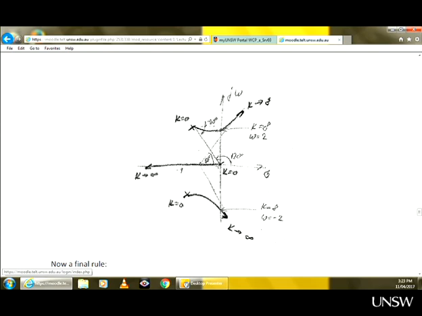So this pole becomes stable. These two poles start moving to the right. So you have a stable system, but oscillatory stable because of those two poles giving us oscillations.